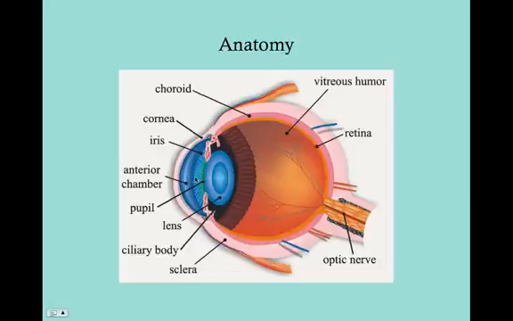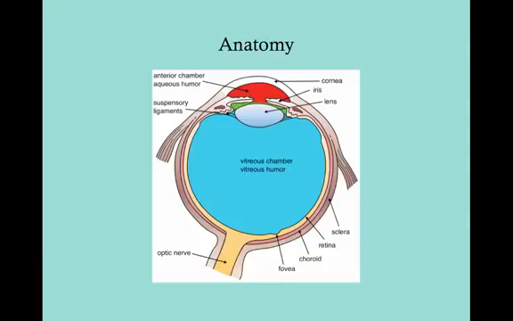It extends from the anterior aspect of the globe all the way to the posterior aspect of the globe at the optic nerve. So this is a very profound structure, and the symptoms of uveitis can vary based on where the uveitis is.